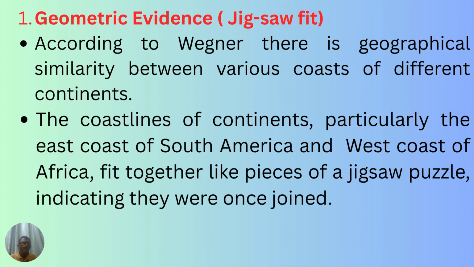Based on this evidence of jigsaw fit, it is obvious that continental drift occurred. When we take these two continental edges and bring them together, they seem to fit into one another.